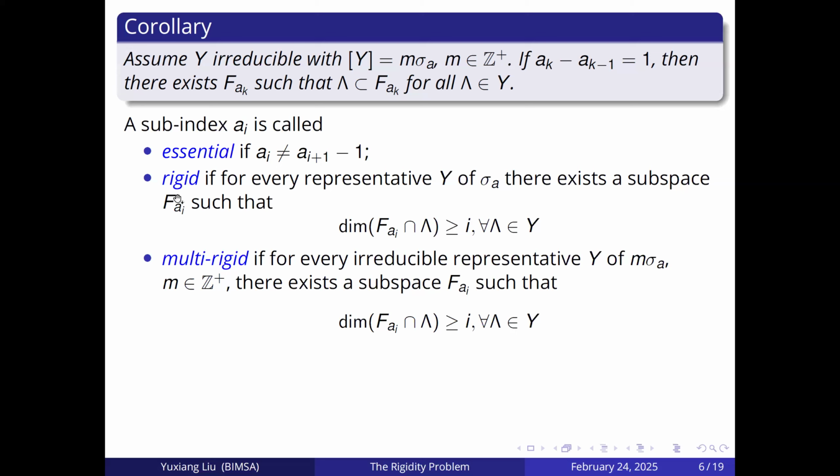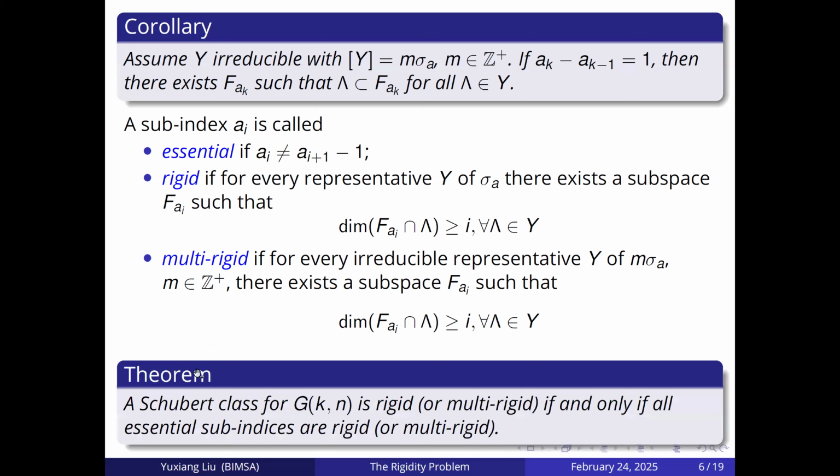A subindex is called rigid if for every representative, we can find a subspace of dimension a_i that meets all the k-primes in Y in dimension at least i. It is called multi-rigid if for every irreducible representative for a multiple of the Schubert class, we can find a subspace of dimension a_i that meets all points in Y in the correct dimension.